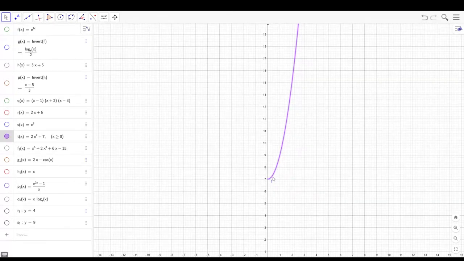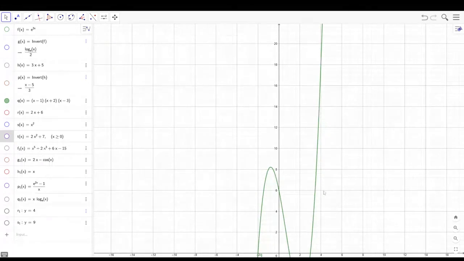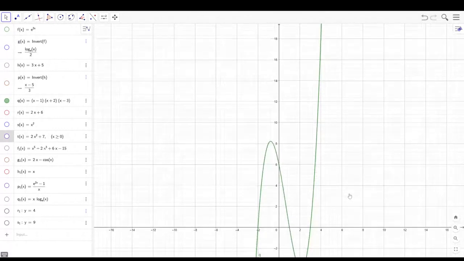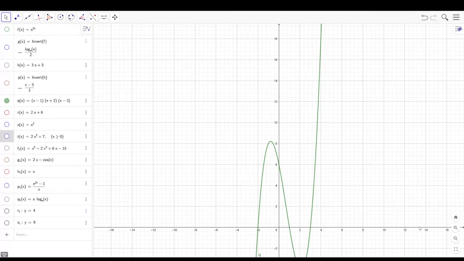So this one is one-to-one for x greater than or equal to 0. And this one is definitely one-to-one for x, say, greater than 4, for example. Because for x greater than 4, this is definitely a one-to-one function, but it's not one-to-one everywhere.